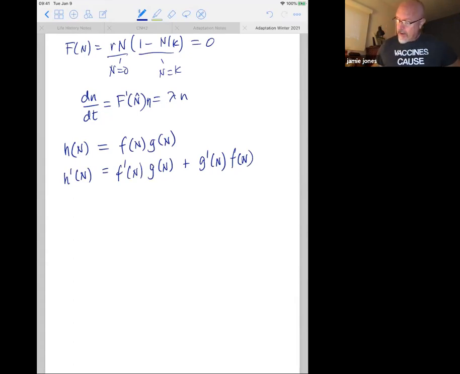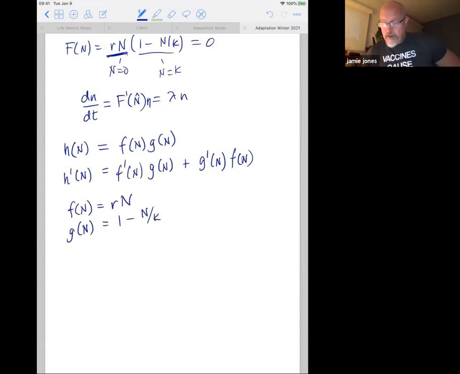Okay, and our f of n is the first thing in our big F of n, the first multiplier. So it is Rn, and g of n is equal to 1 minus n over k.